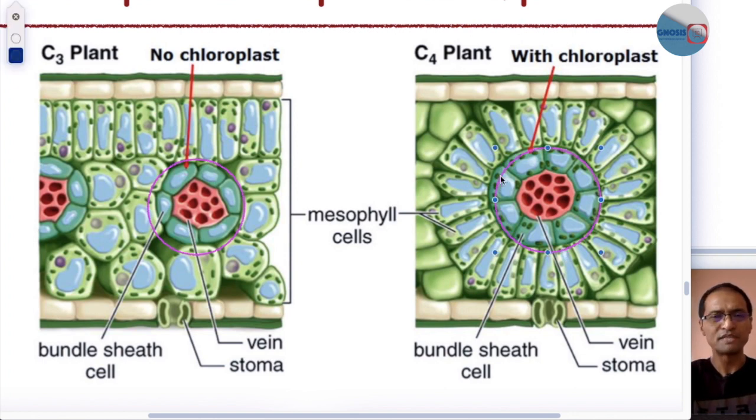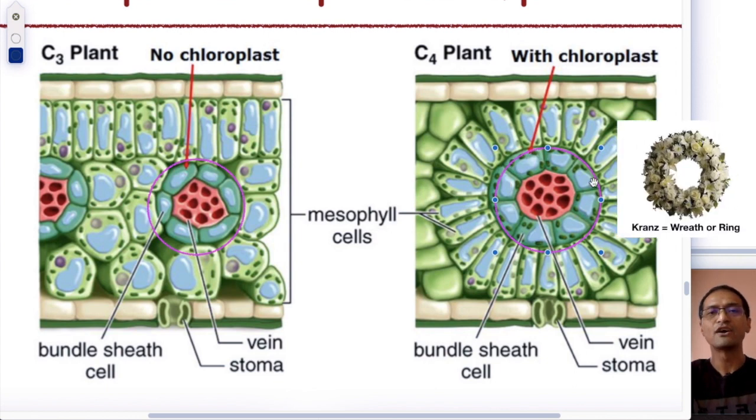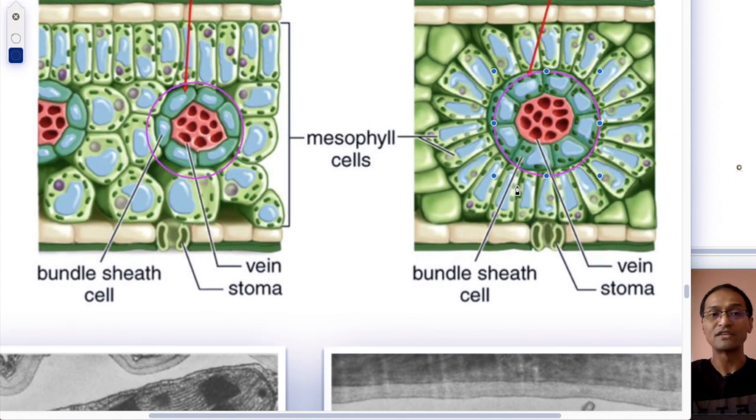And this particular anatomical feature is what is referred to as the Kranz anatomy, where the bundle sheath cells contain chloroplasts and it looks like a crown embedded with precious stones. This anatomical adaptation of the C4 plants allows the plant to overcome the problem of photorespiration. So how does it do that?